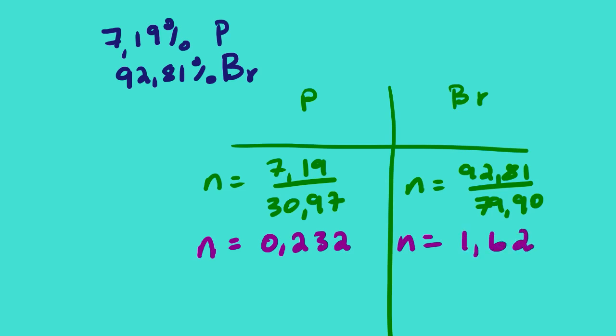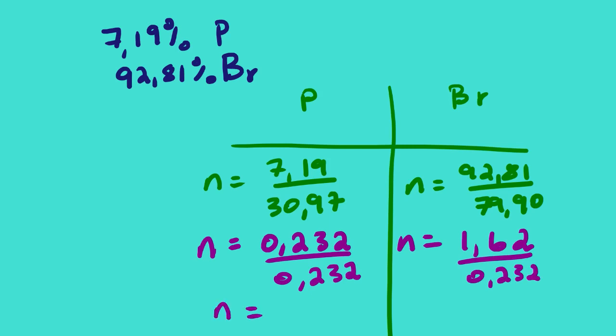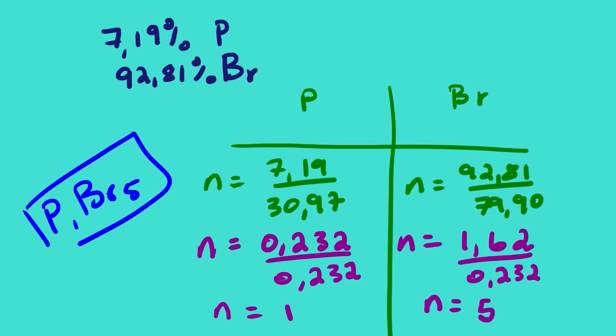For bromine we get 1.62, so we divide both by the smaller number. We actually get 5. So the empirical formula is P1Br5. I hope you got it correct.